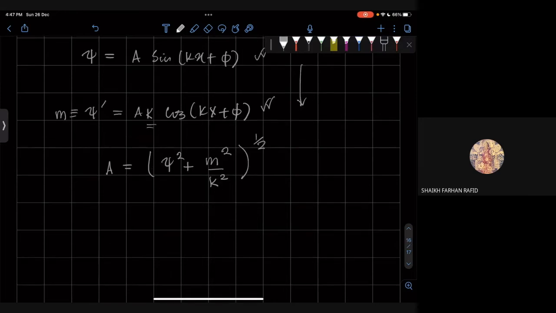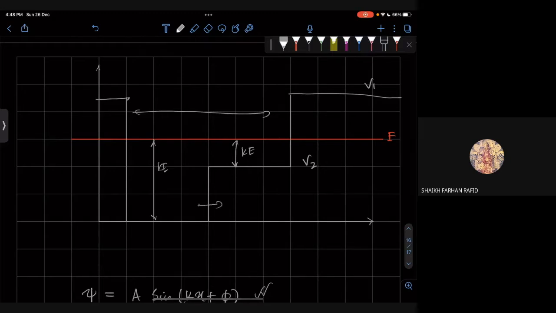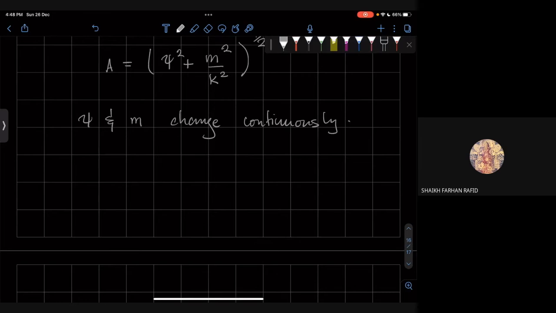Now, both psi and m will change continuously. So that means that even when you go from this region to this region, where the value of your kinetic energy changes discontinuously, both psi and m will change continuously, but k will be discontinuous, right? So this is observation number 1.